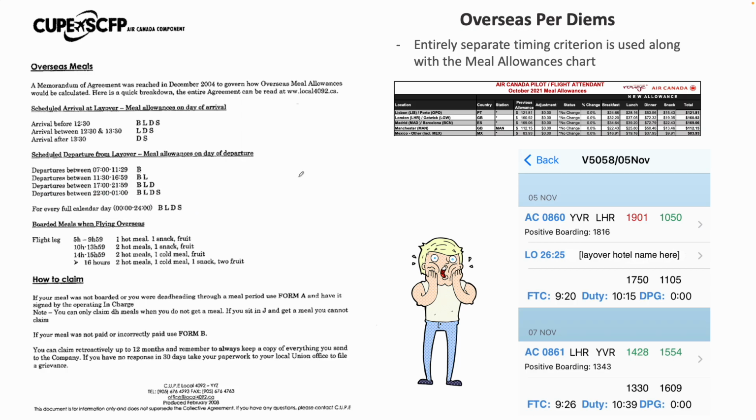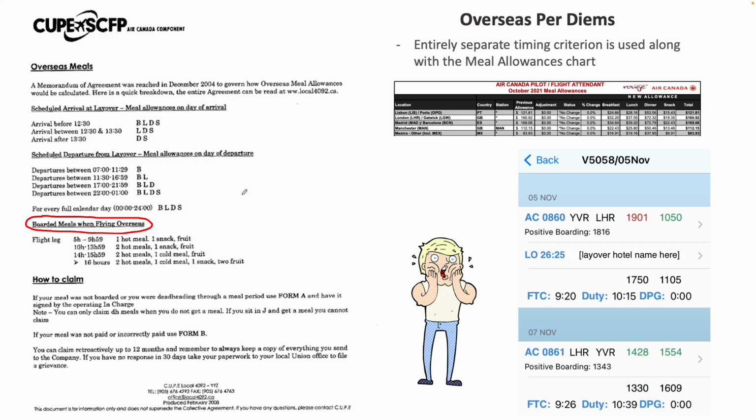Now, since we don't get per diems while flying to and from an overseas destination, there is some logic as far as what meals are to be boarded for you in lieu of getting those meal allowances.